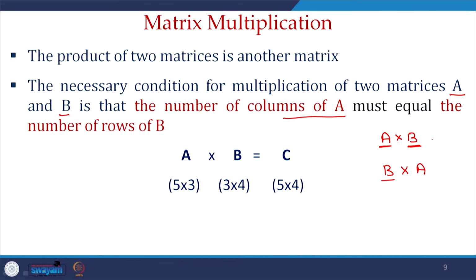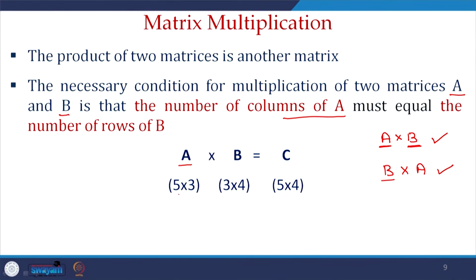So, it may happen that AB is defined, but BA is not. Whenever we multiply two matrices, the number of columns of the first matrix must equal the number of rows of the second matrix, otherwise we cannot multiply them.